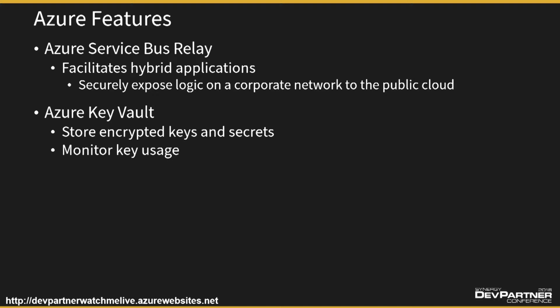In the relay data transfer pattern, the on-premises service connects via an outbound port to the relay service on Azure, and creates a bidirectional socket communication between your on-premises machine and your Azure server relay.